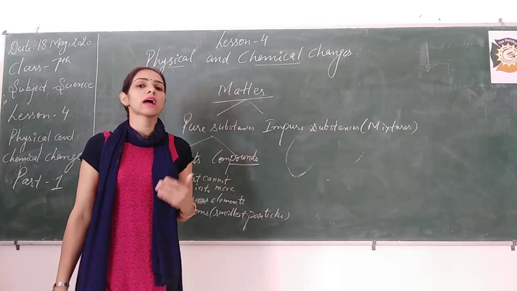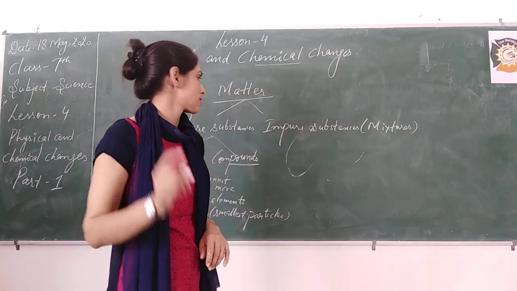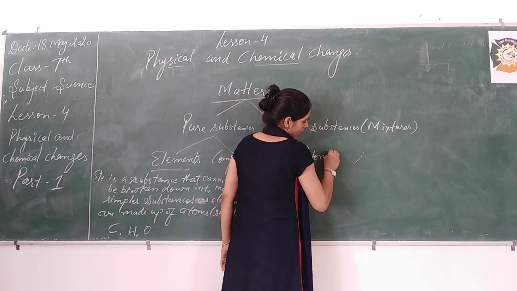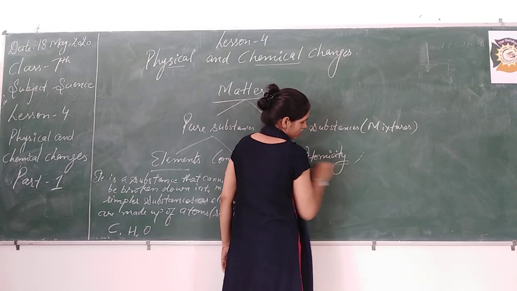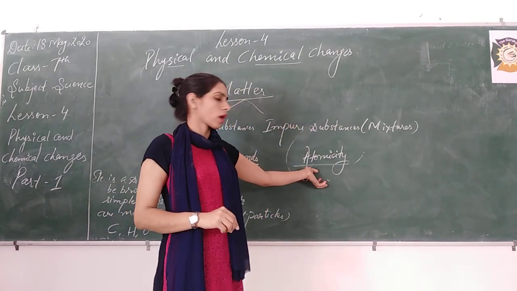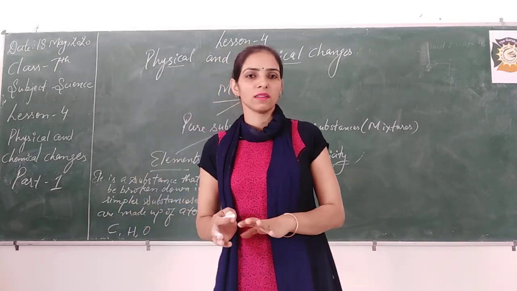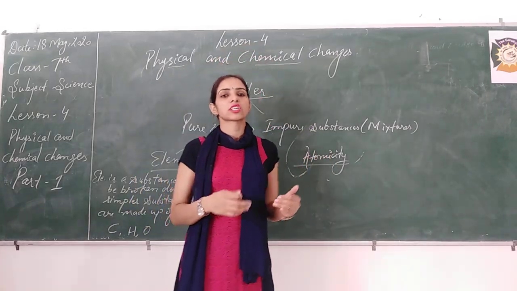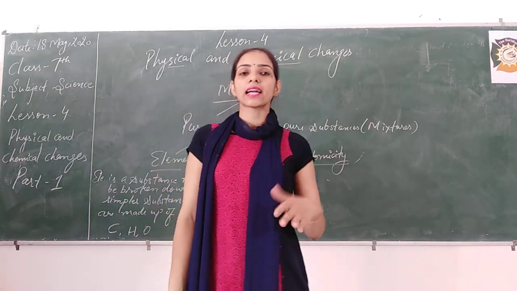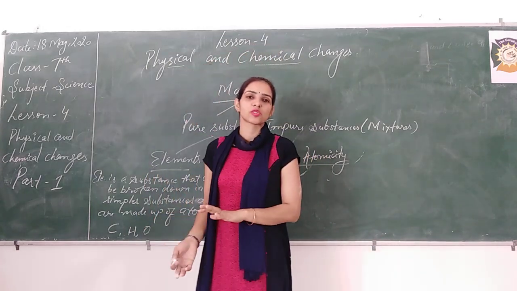So by this term atoms, one more term is related to this which is there in your syllabus, and that is atomicity. The term is atomicity. Now what is atomicity? See, some elements are there, right, which are made up of single atoms, but atoms of such elements cannot exist individually.